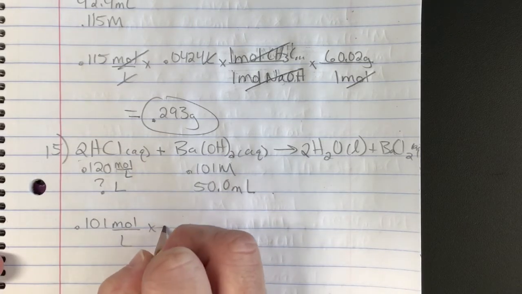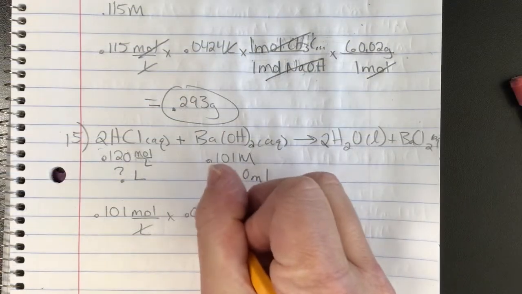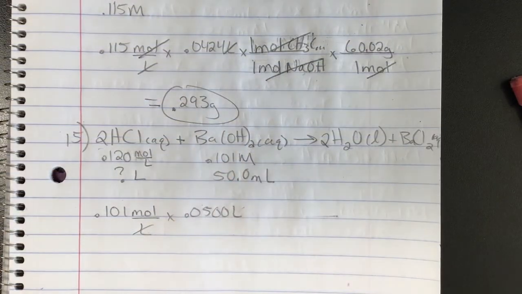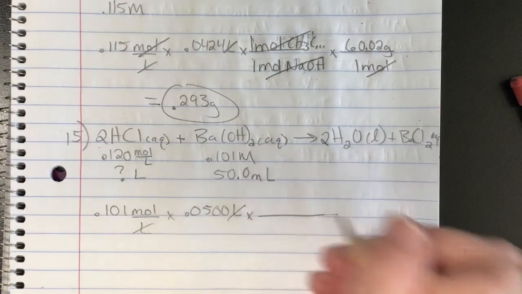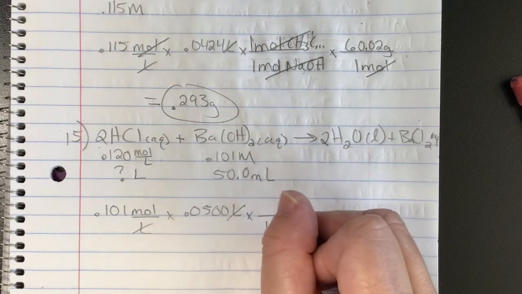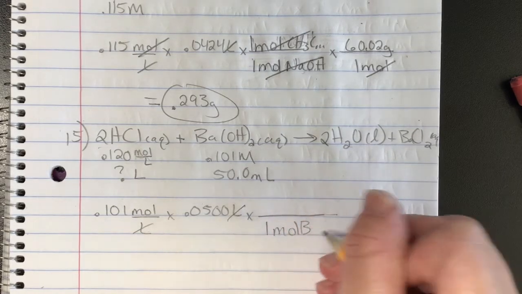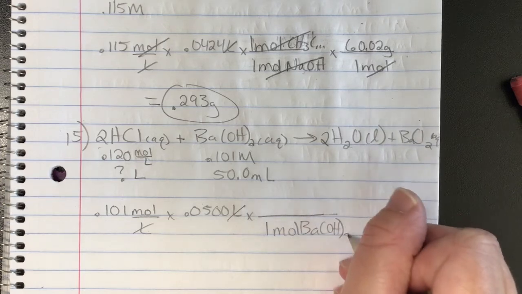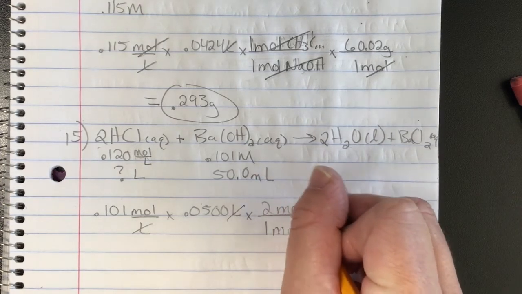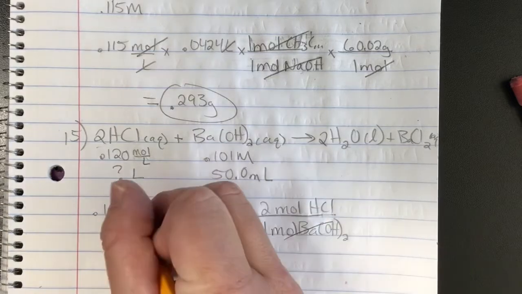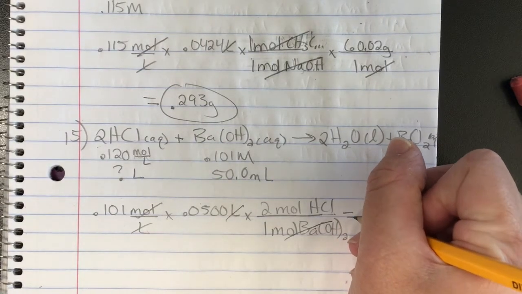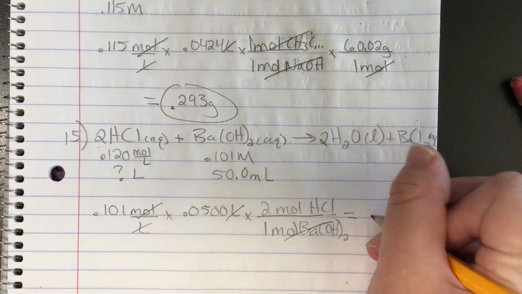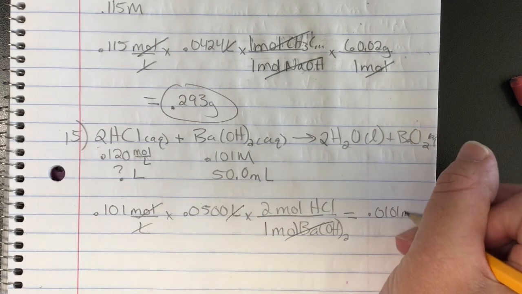We're trying to get to that mole ratio. So liters are going to cancel. And then we can do our mole ratio. So 1 mole of barium hydroxide, 2 moles of HCl. So now I have moles. That's going to be 0.0101 moles of HCl.